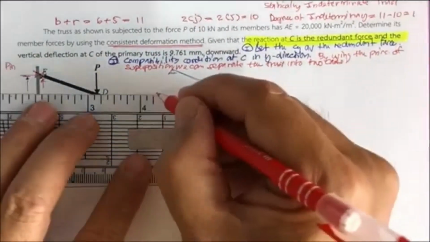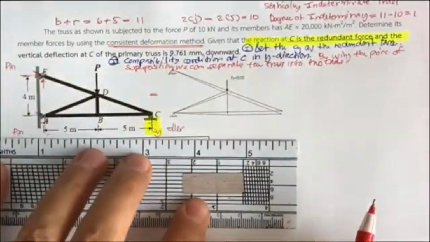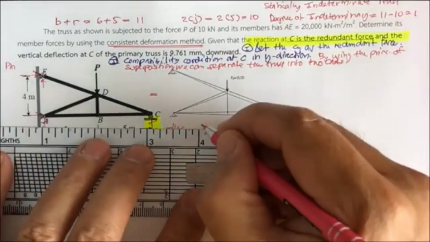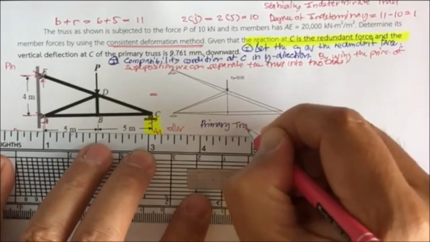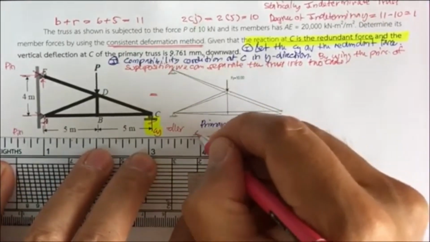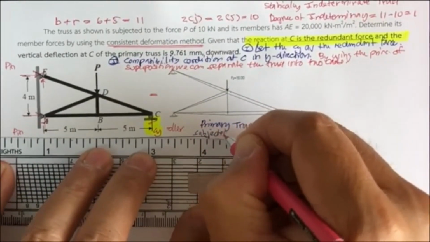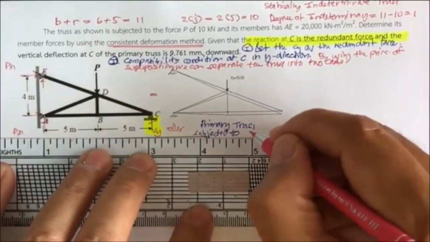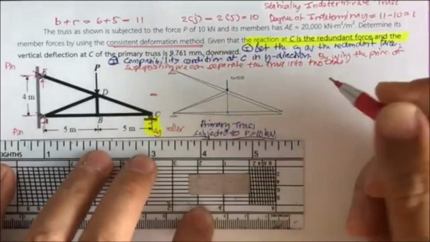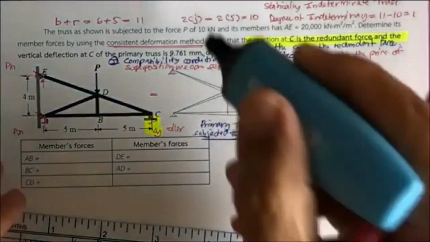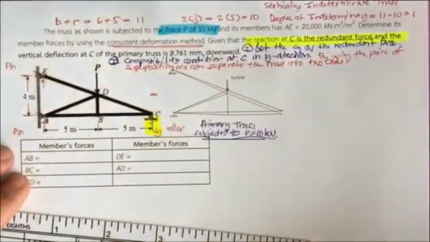The first truss is going to be the primary truss, which is subjected to P equal to 10 kilonewton. So this is subjected to the given force of 10 kilonewton.